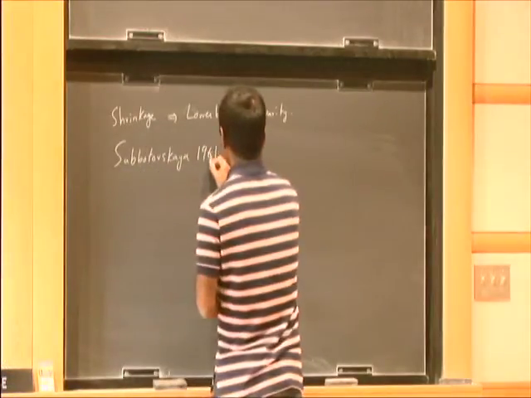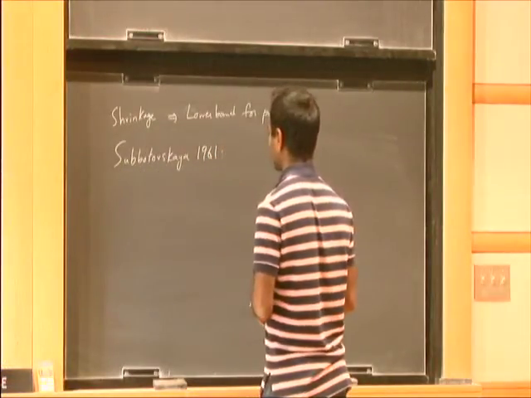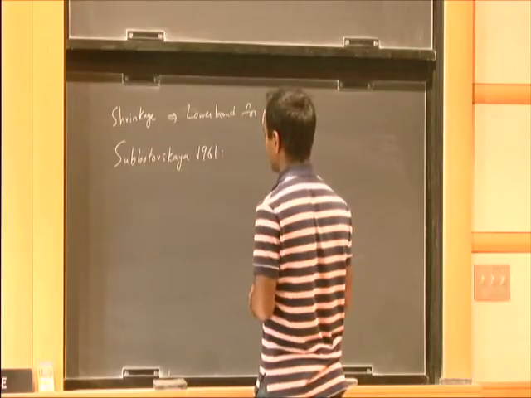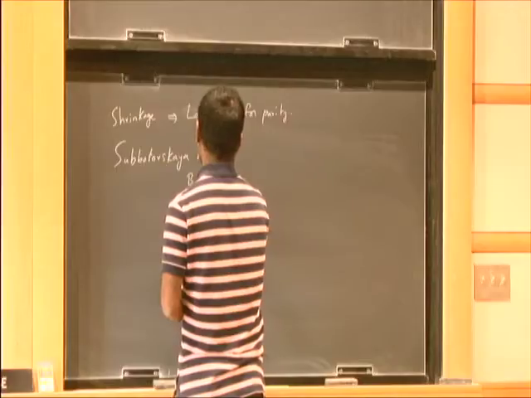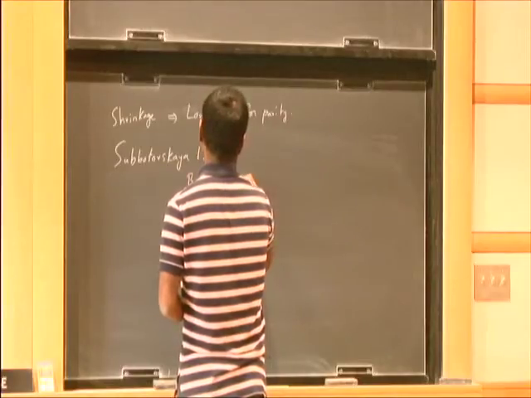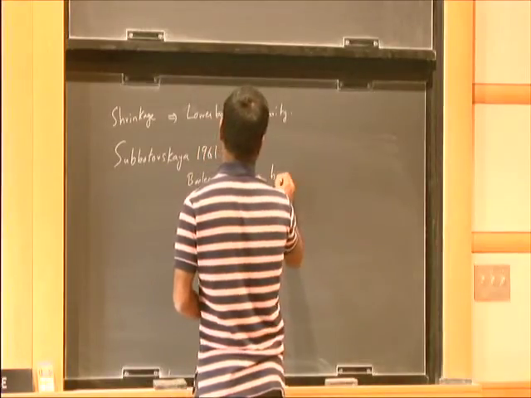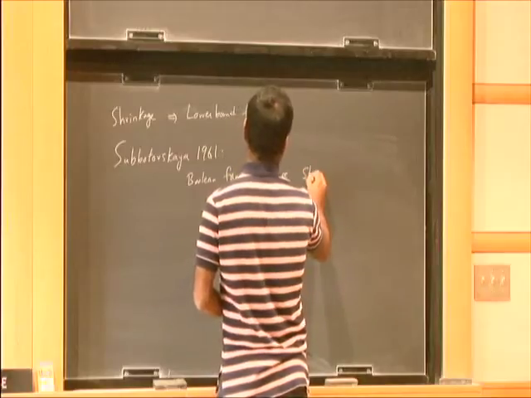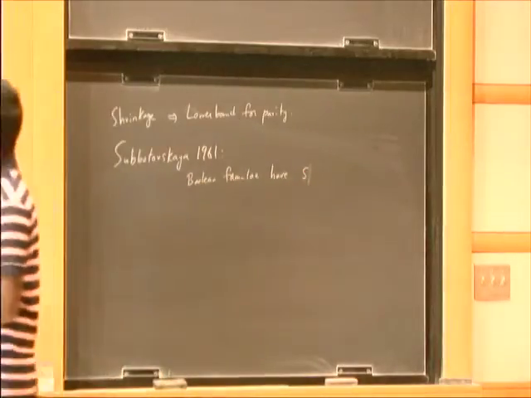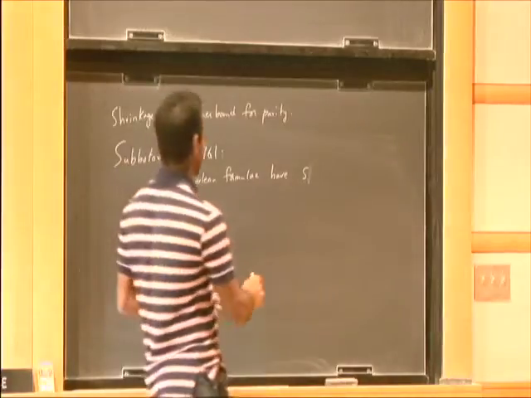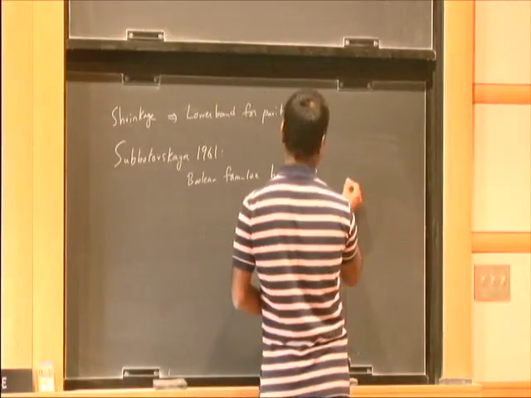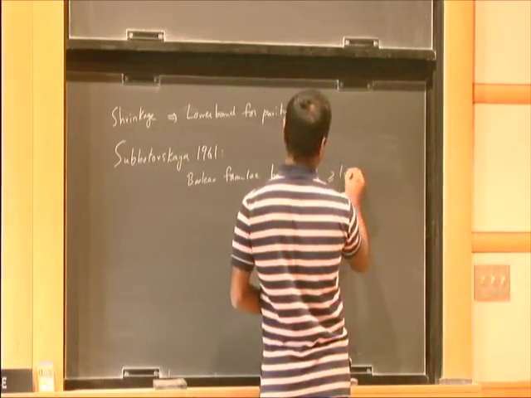What she showed, in the modern language, was that Boolean formulae have shrinkage exponent, let me abbreviate shrinkage exponent as s.e. from now on, greater than or equal to 1.5.